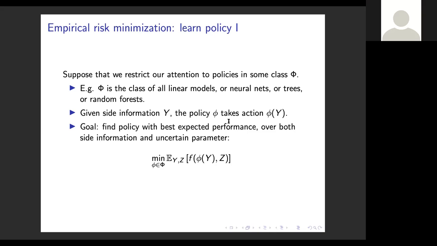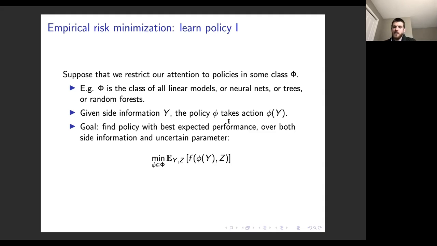I see. But for this problem, we do not require the objective function f to be a linear function of the uncertain parameter, right? Yeah. In this case, you can get convergent results for a very broad set of objective functions, much broader.